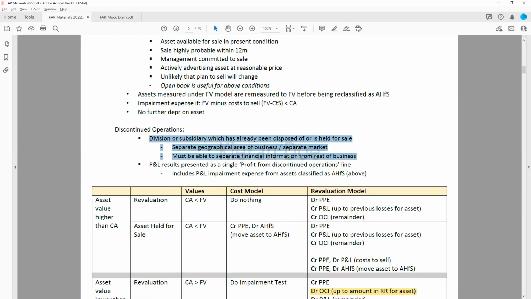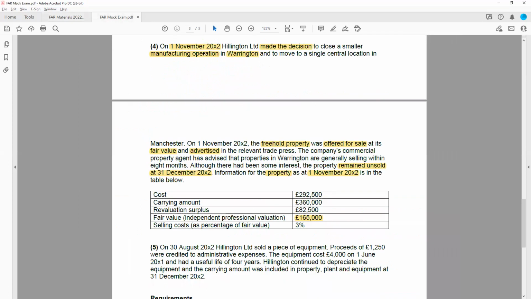But in the FAR exam, they'll tell you whether it constitutes a discontinued operation. So they'll tell you if the IFRS 5 criteria for a discontinued operation are met. That wasn't mentioned in this question, and we are just told, I think, it's just a manufacturing operation, so it doesn't appear as though it's a separate division.